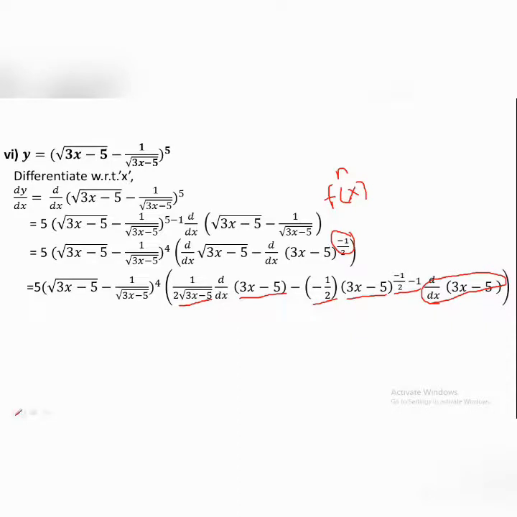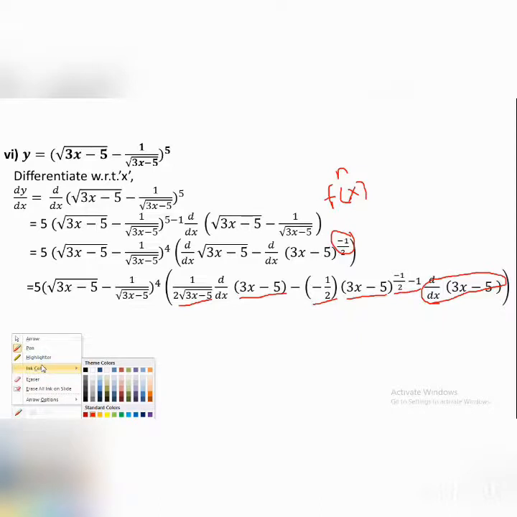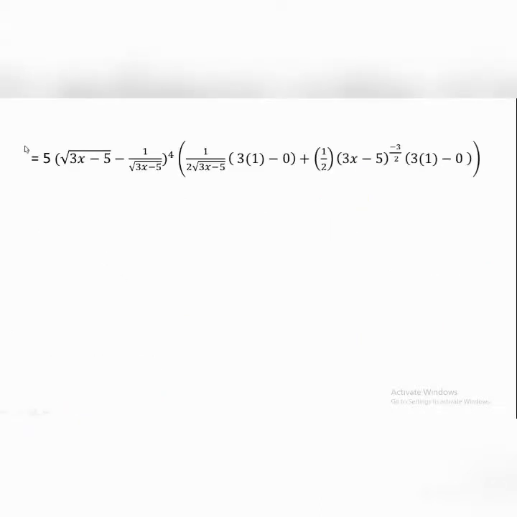Now differentiate and solve all the minus, plus and multiplication. So let's see: 5 into the bracket (root 3x minus 5 minus 1) upon root of 3x minus 5 power 4 is as it is, and this is 1 upon 2 root of 3x minus 5. Now here, the derivative of 3x becomes 3, and x is 1; the derivative of 5 is 0.